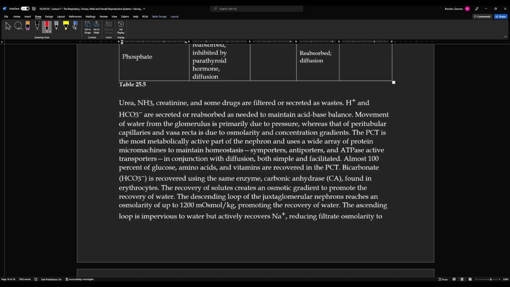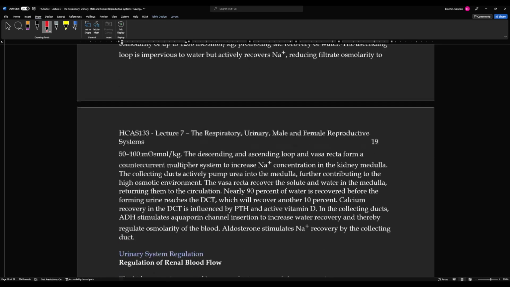Bicarbonate is our body's main acid-base controller, and it is a base to help keep us within our normal acid-base balance, which is actually very, very tightly controlled. It's between about 7.35 to 7.4 pH, which is a very, very small range. But our body has to stay within that to maintain homeostasis and function properly.